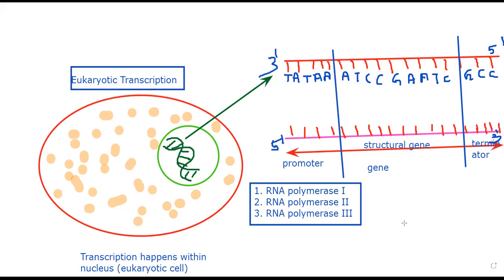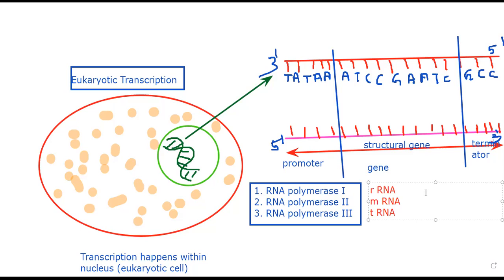The first one, RNA polymerase 1, is basically used for the making of rRNA. Okay. RNA polymerase 2 is basically used to make mRNA, messenger RNA. And the last one is used for the tRNA. Now you can see it is RMT.